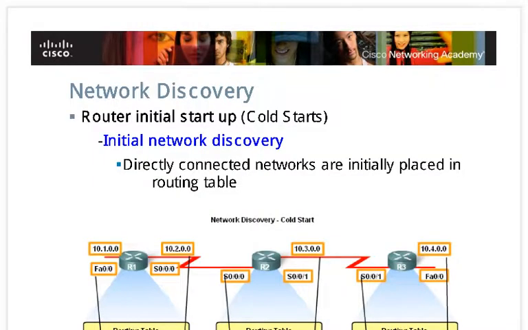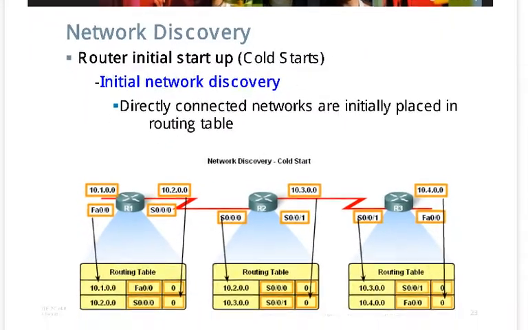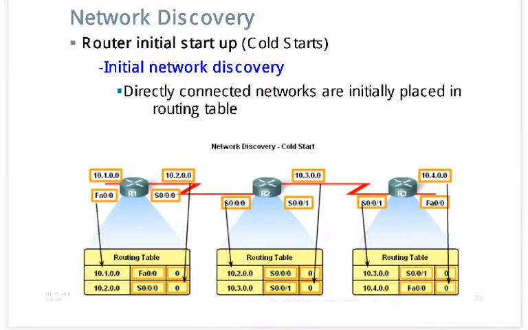So based on that, the sequence of updating the routing table happens as follows. When the router initially starts, as we said before, each router will discover the links that are directly attached to it. That happens by default.